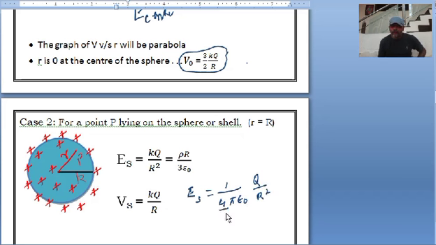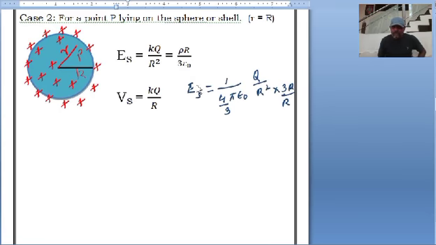Now do one thing, multiply by 3 and divide by 3, and again multiply by R, divide by R. If you just do that, what remains in the numerator is q divided by, can I write this as 4 by 3 pi R cube, and this R which is in the denominator goes to the numerator, and in the denominator what else remains is epsilon naught.